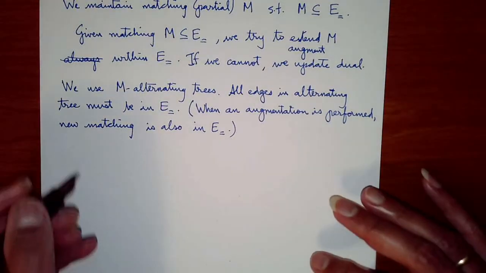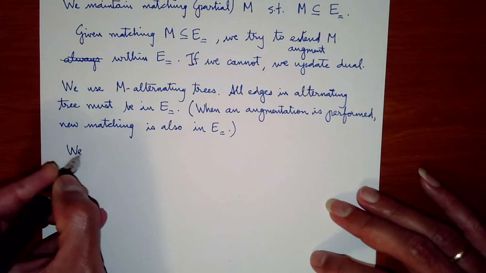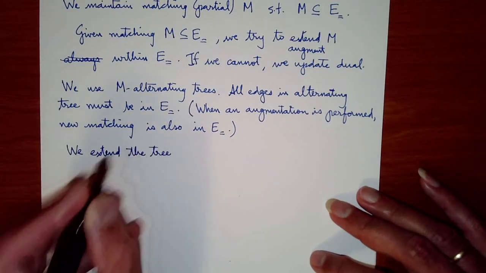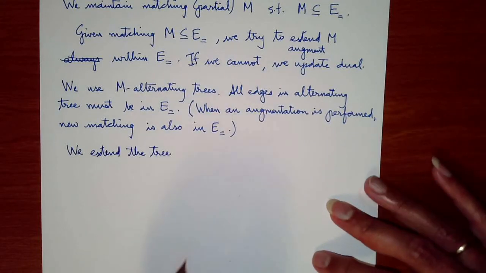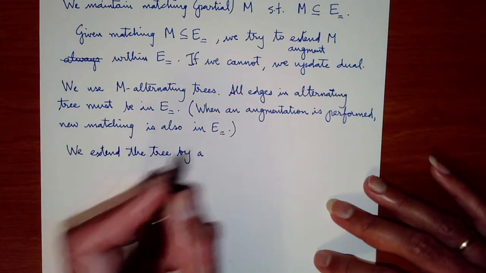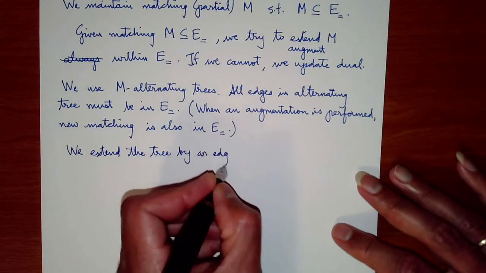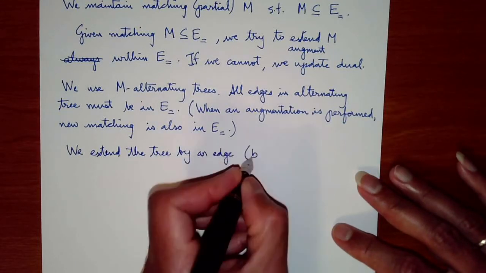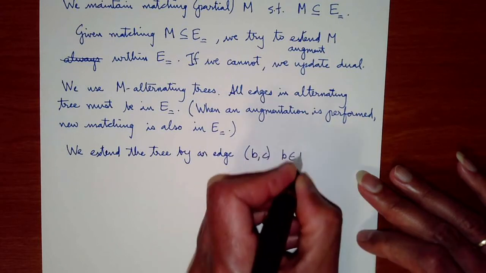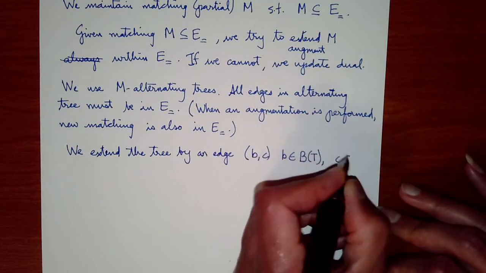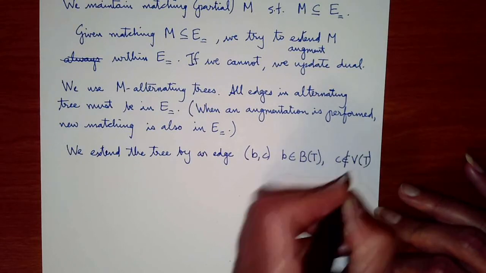So we extend the tree by an edge BC, where B is in the blue vertices, and this vertex C is not in the vertices of the tree.